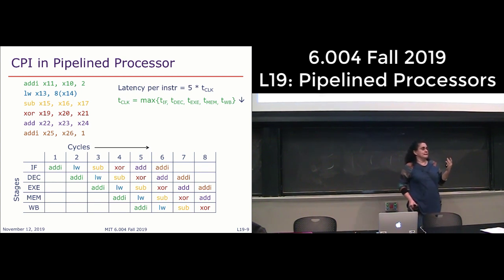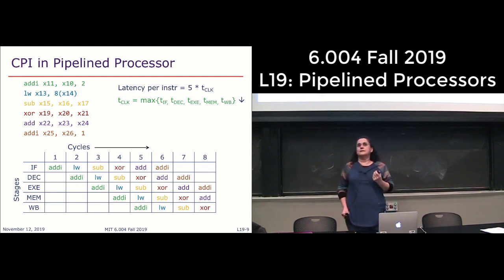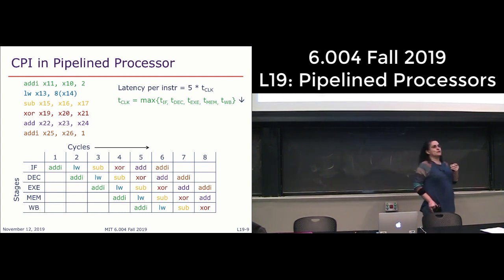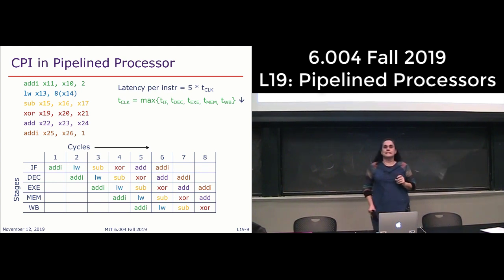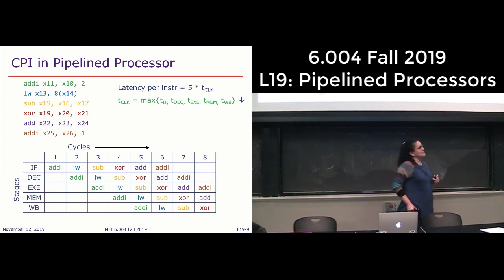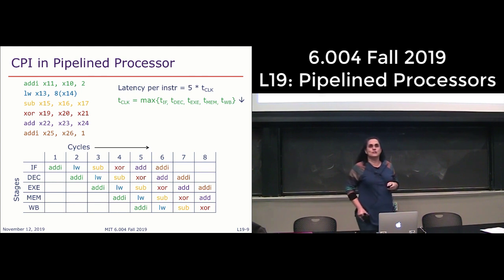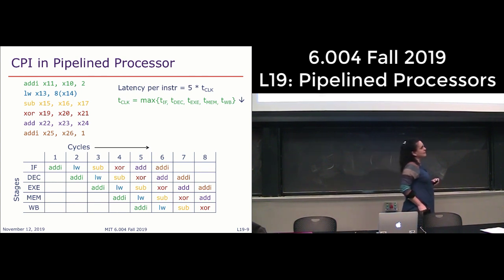So basically, if each stage takes 1 cycle, I would take 5 cycles to have one instruction go from the beginning of my pipeline all the way till it's done being executed, right? And so my latency is 5 times t clock, but we said that our t clock is small because now it's just the maximum of whichever pipeline stage is the slowest that controls the t clock.